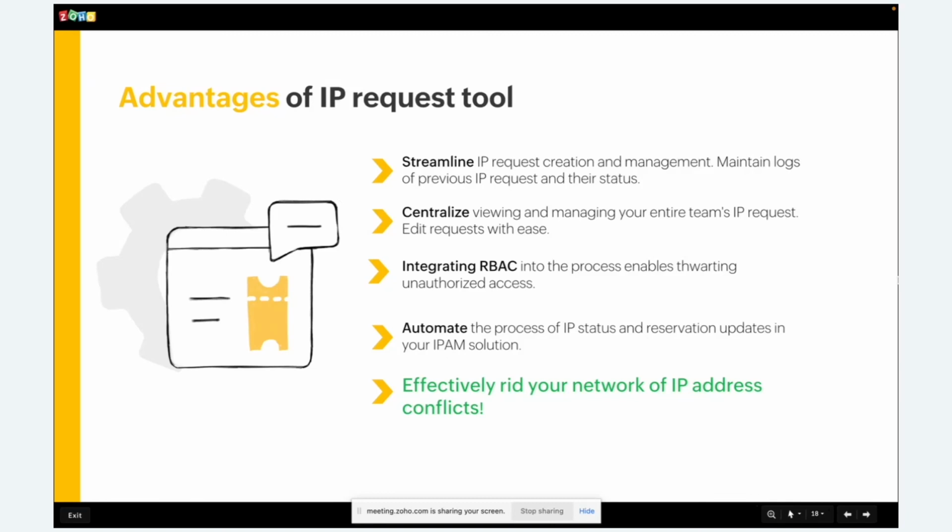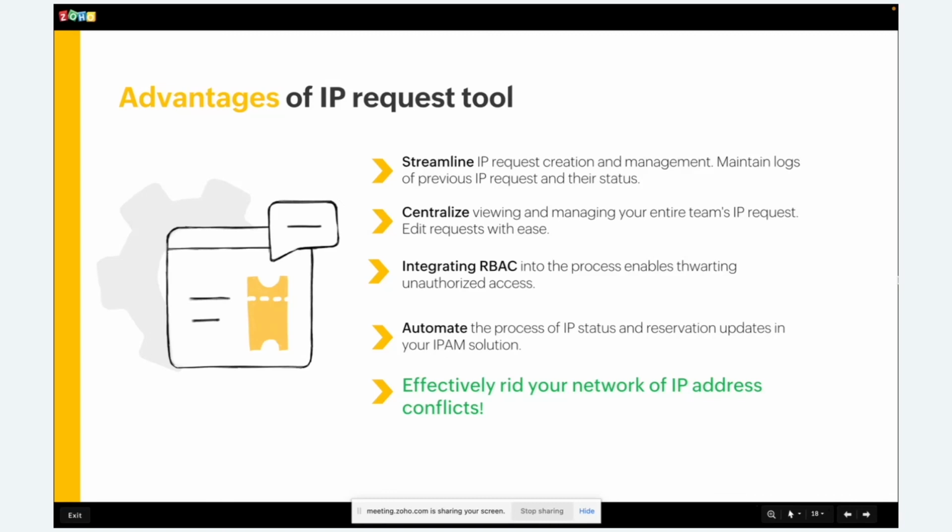The most important part, the IP request tool allows you to centralize viewing and managing your IT team's entire IP requests with ease. And especially it helps you integrate this based on the role-based access control you've set up. So an operator can only request IPs from the subnets he is authorized to access, and an administrator can only allocate IPs from the subnet he is authorized to manage.